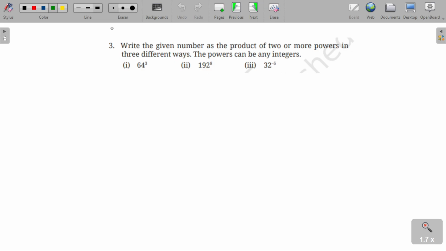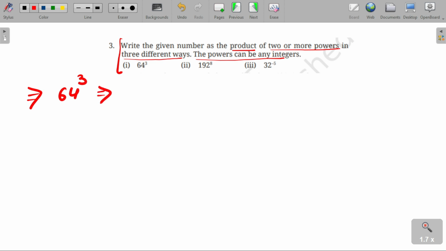Moving to the next question. Write the given number as the product of two or more powers in three different ways. The powers can be any integers. Now see, we'll find the easiest ways. 64 cube.